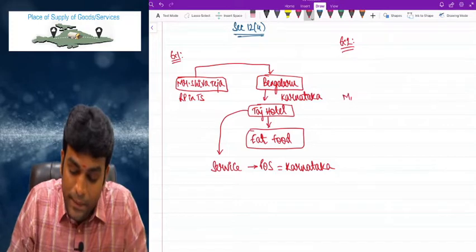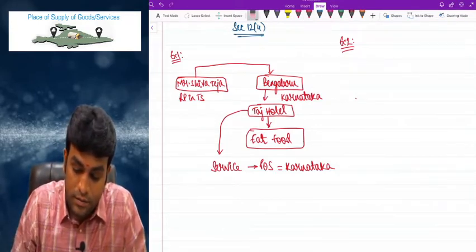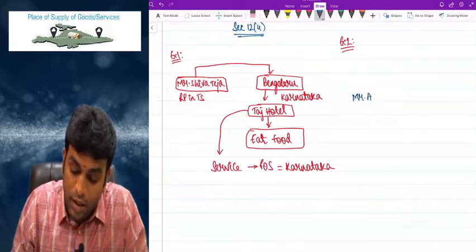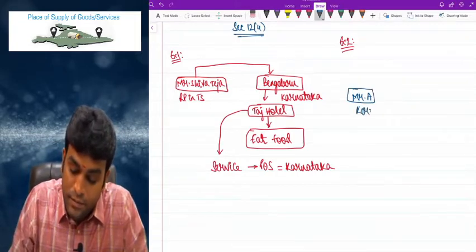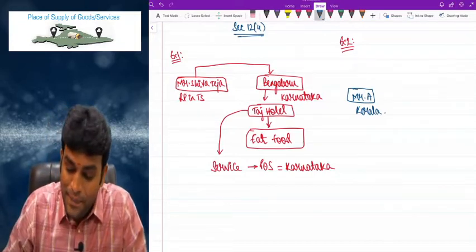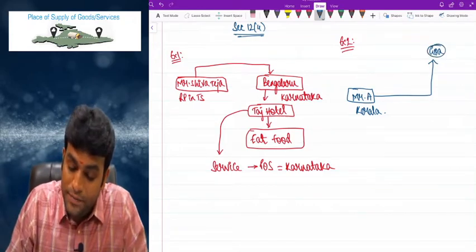Now let's say there is one person called Mr. A, and Mr. A is from Kerala. Now he is going to Goa.